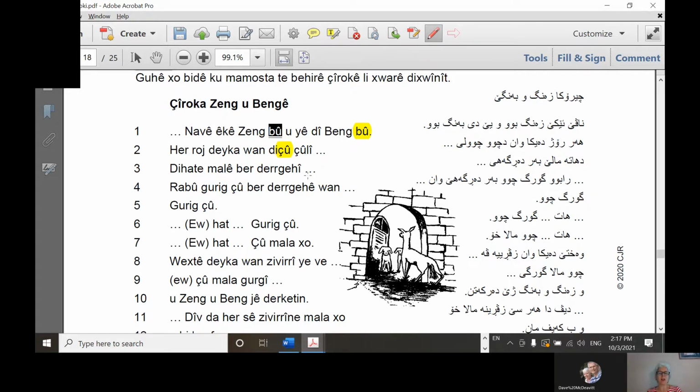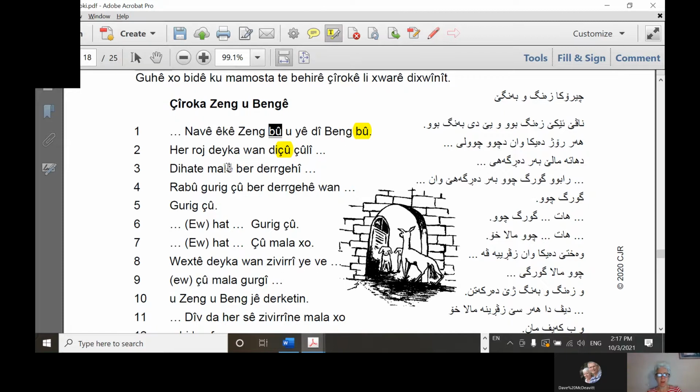This one also has the nothing ending because that nothing ending agrees with their mother. And their mother is like saying he, she, or it. So it has the nothing ending.